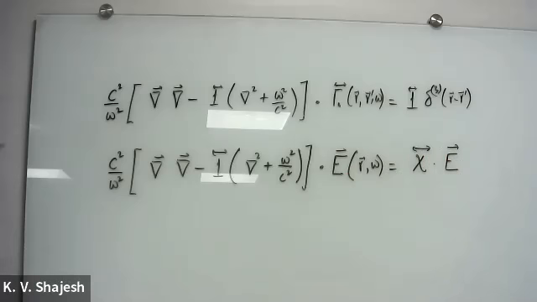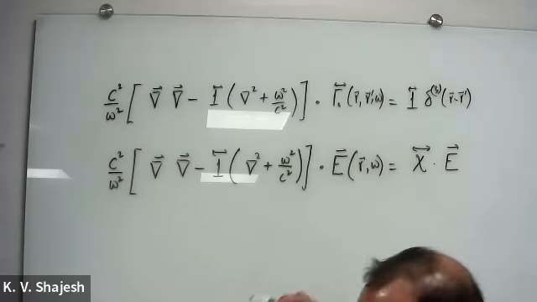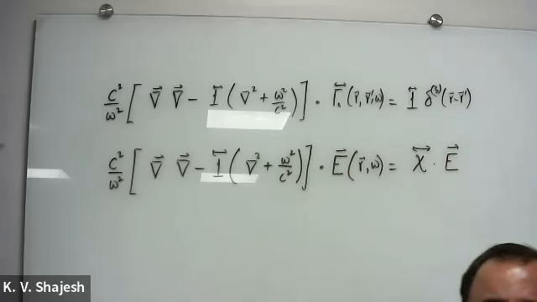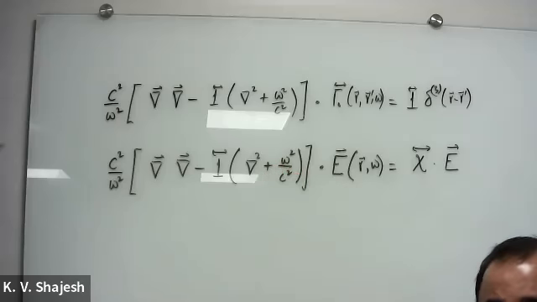But now let's talk about my incident electric field. There was this construction of the problem where I had an incident electric field coming in. The incident electric field is the electric field in the absence of the source. If I remove my source, there is no scattered wave. Whatever is remaining is the incident electric field.